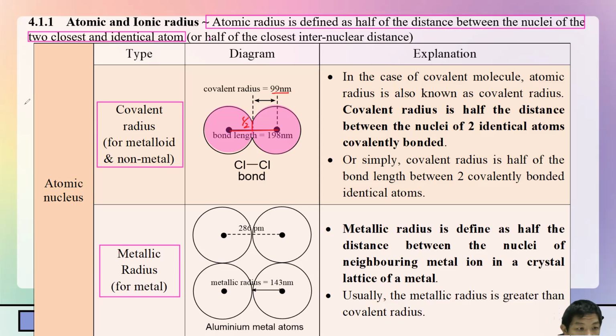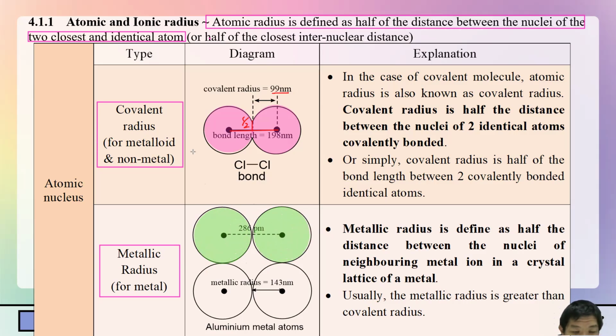Whereas for metals, because of the orderly arranged manner of the metal atoms, they have a proper distance between two metal atoms. So we first measure the distance between the two nuclei.